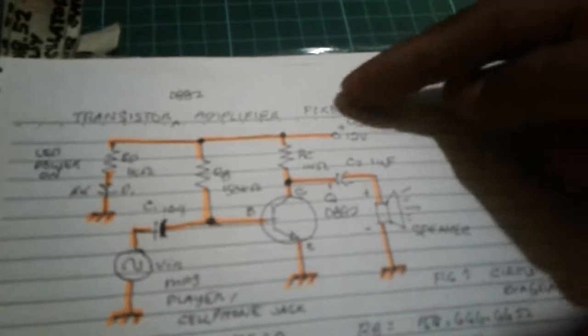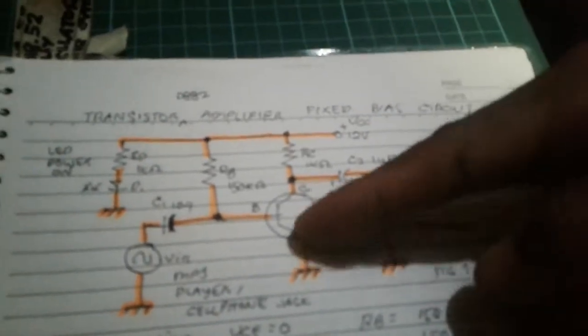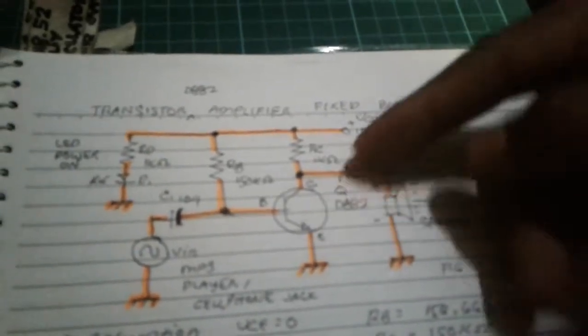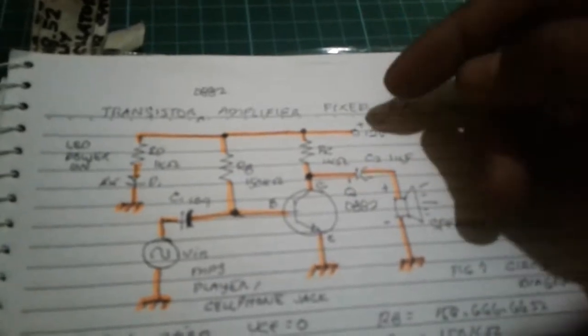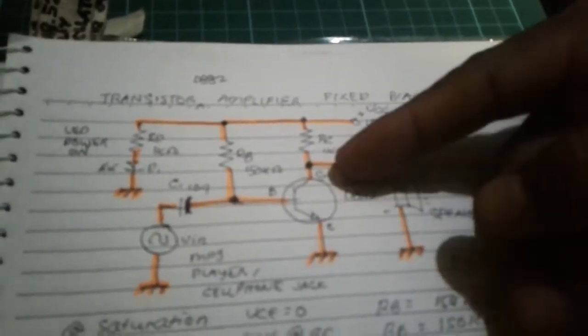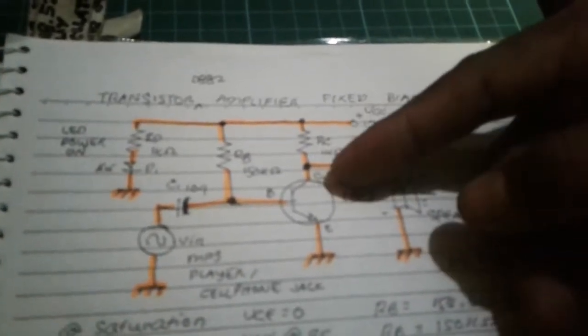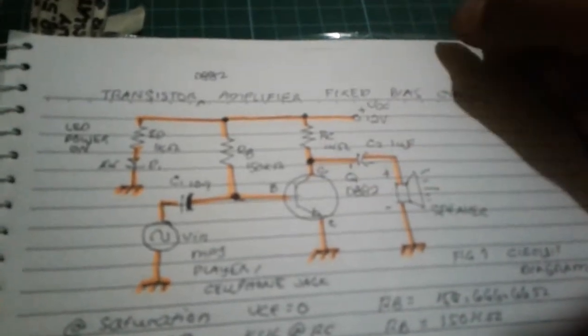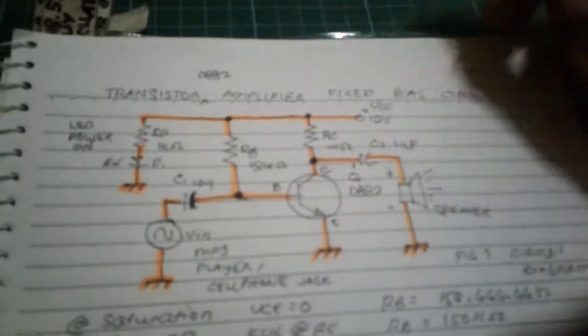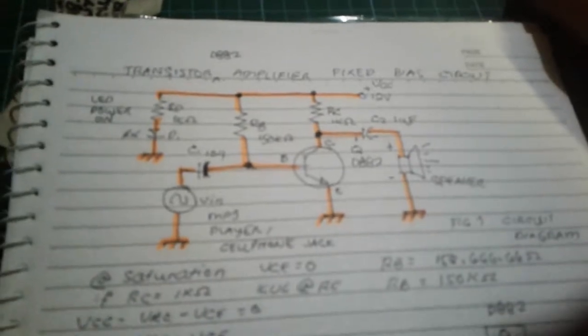Since this is a fixed bias circuit, our transistor is mostly dependent on the current gain. So it is a current gain dependent circuit.